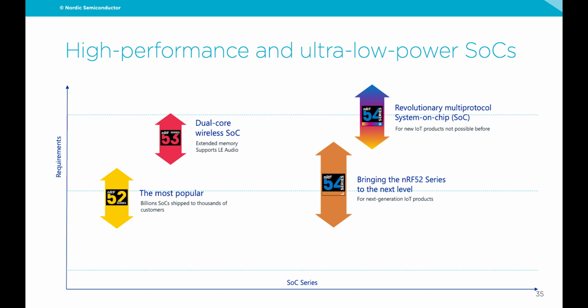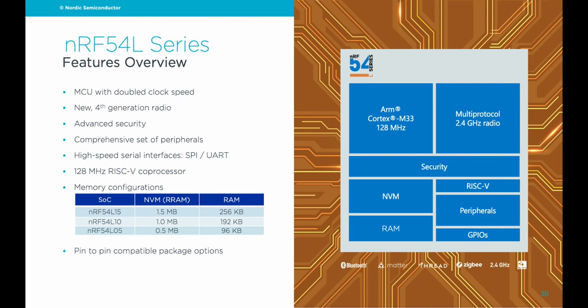I mean, there are use cases where you literally consume a third of the power, but that's not really a real world scenario. So you can expect about 30 to 40% in your application, depending on what you're doing, while having about double the processing power. If we have a look at the next page, we see where double the processing power comes from. It's from double the clock speed.